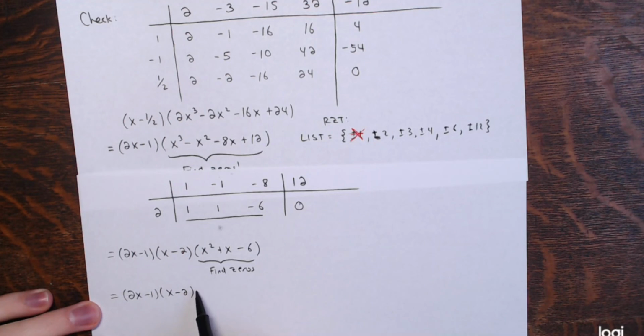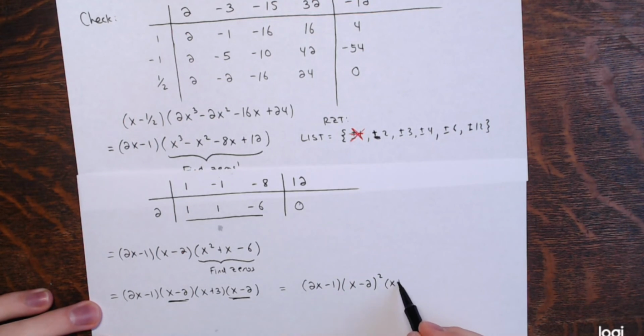And then this factors to x plus 3 times x minus 2. So you see x minus 2 twice. So we have 2x minus 1 times x minus 2 squared, and then times x plus 3. So there's the polynomial completely factored.